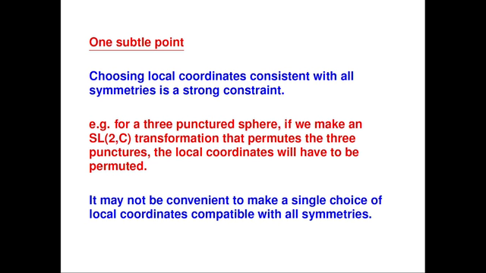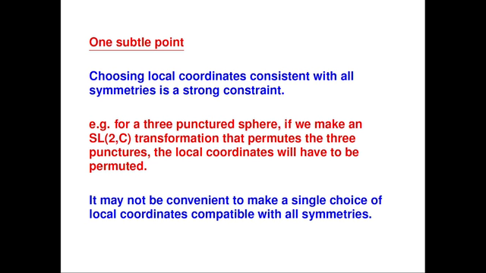Suppose for some reason we want to choose the local coordinates differently, without explicitly imposing this symmetry. This is not important here, but it is actually important in fermionic string theory, which is why I am mentioning it. Even if it is possible, it may not be convenient to make a single choice of local coordinates that is compatible with all the symmetries.